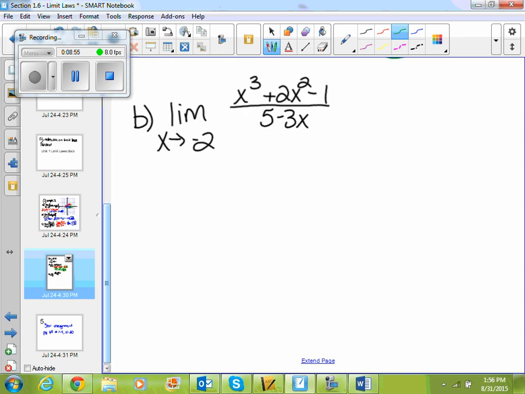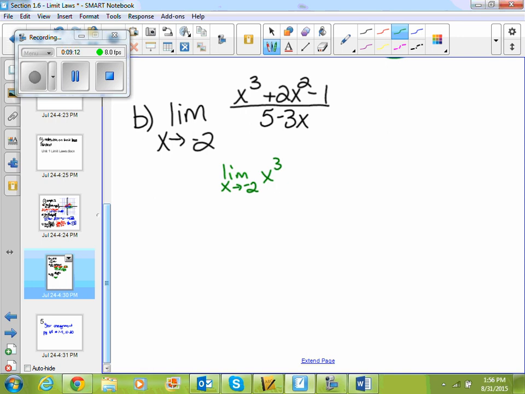Alright, if I do the same thing for b, the limit as x approaches negative 2 of x cubed plus 2x squared minus 1 divided by 5 minus 3x, I know that I can evaluate that limit for each of the pieces.